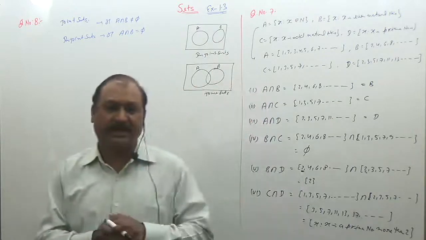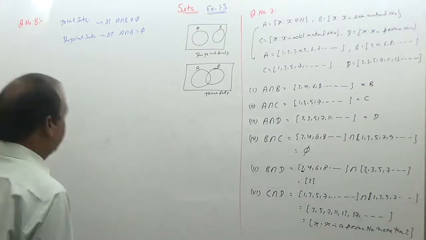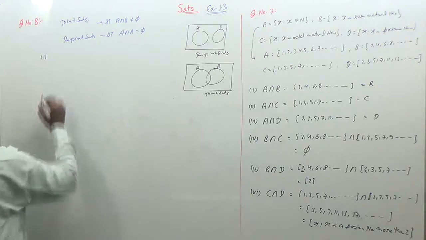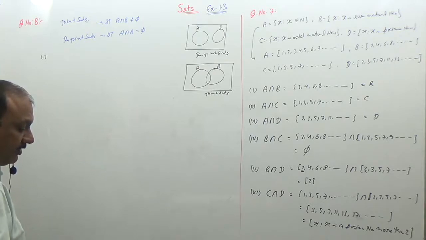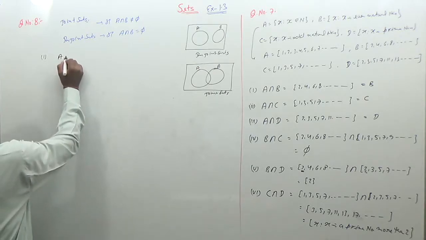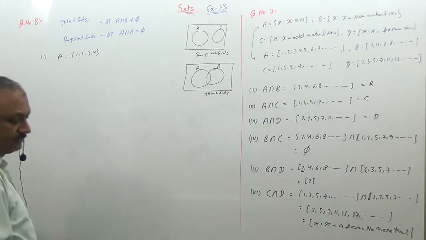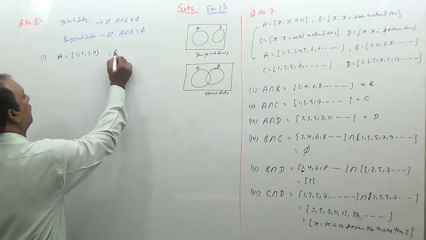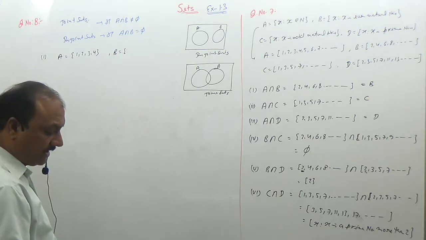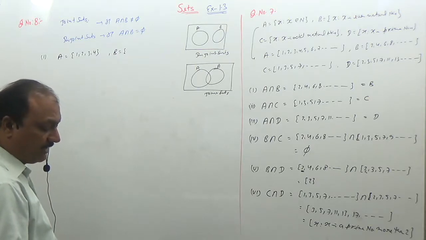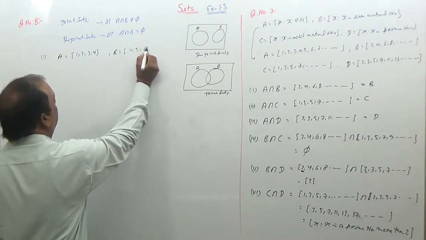So in question number 8, we want to prove whether the given sets are disjoint or joint. The first part: two sets are given, set A as 1, 2, 3 and 4, and set B as x such that x is a natural number greater than or equal to 4 and less than or equal to 6, that is 4, 5 and 6.